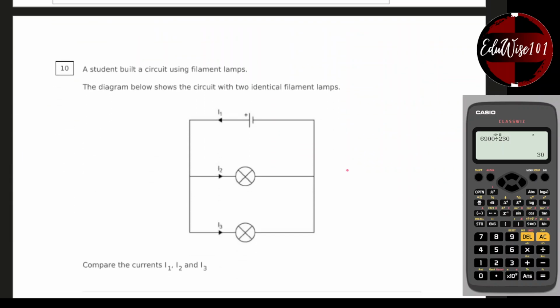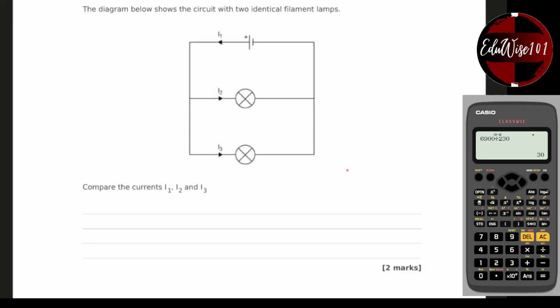Question number 10. A student built a circuit using filament lamps. The diagram below shows the circuit with two identical filament lamps. So this is a parallel circuit. Compare the currents I1, I2 and I3. So I1 is the total current. When it comes to a junction, it's going to split up. Because it's identical filament lamps, it will split up equally because the resistance of the lamps should be equal.